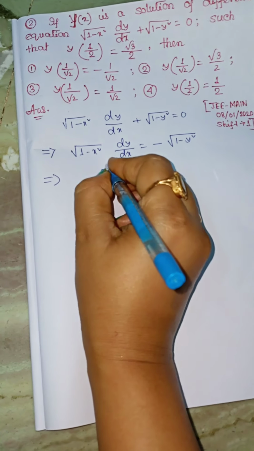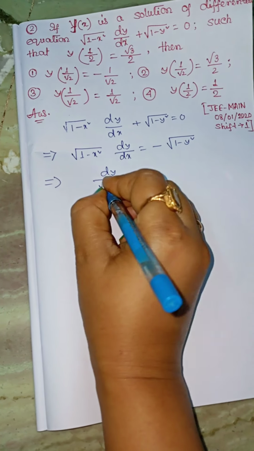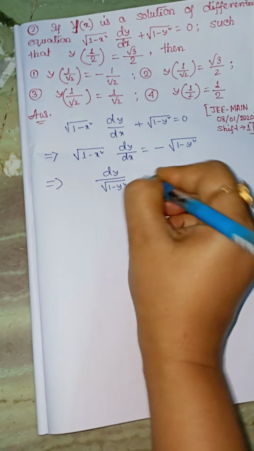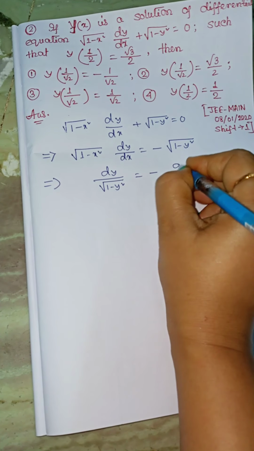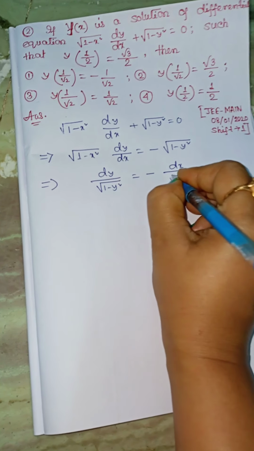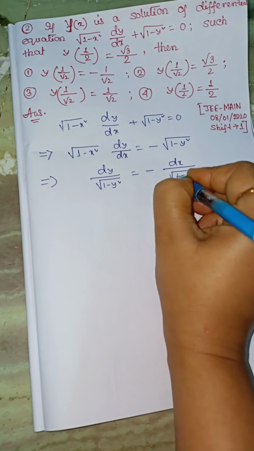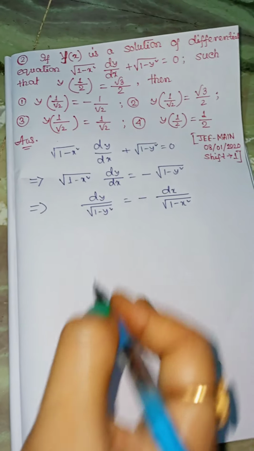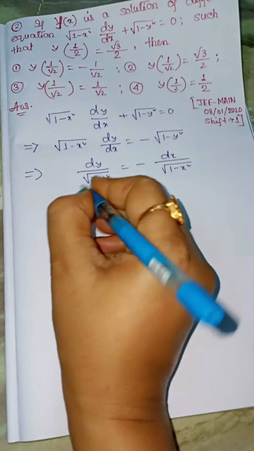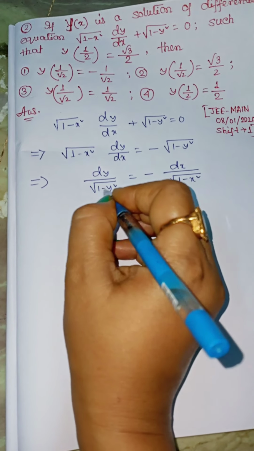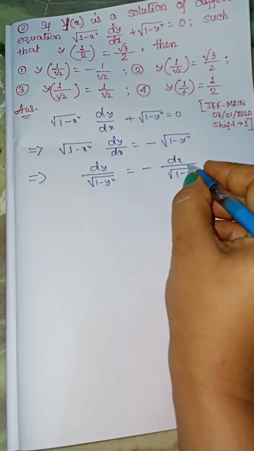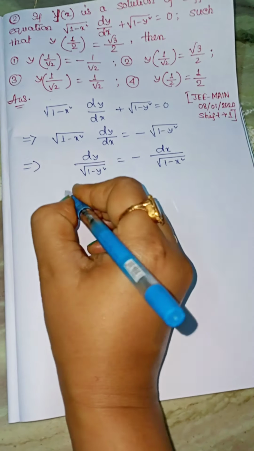Now dy by root over 1 minus y square is equal to minus dx divided by root over 1 minus x square. Integrating both sides, this becomes sine inverse y and this becomes sine inverse x.